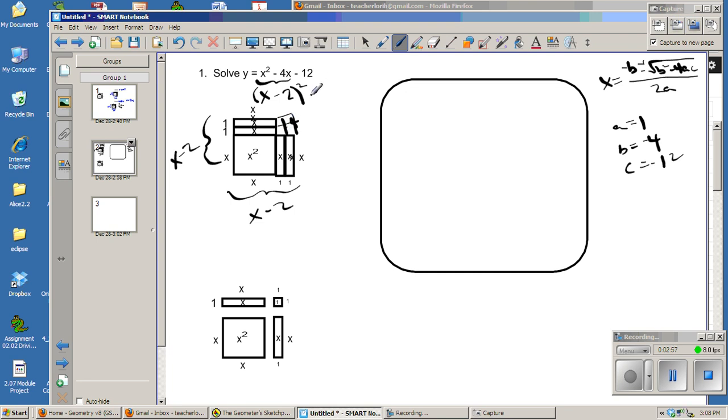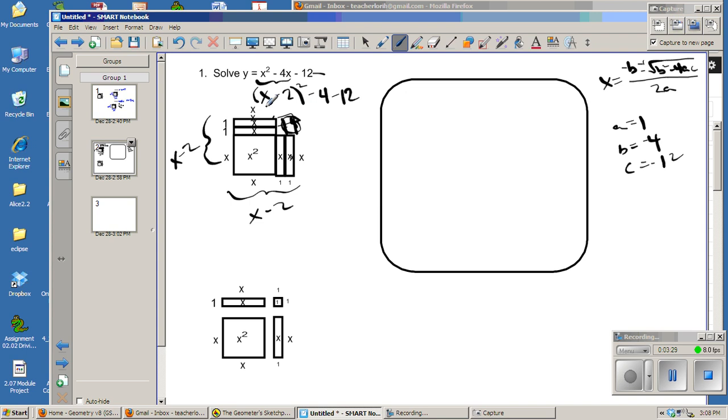I am going to say that this is minus 4 because I'm missing those 4. And then, of course, I still have this minus 12 here, so I have to put that on there too. So again, this part here, the x minus 2 squared, minus 4 that I would have needed but I didn't have here, minus 12 is exactly the same as x squared minus 4x minus 12.